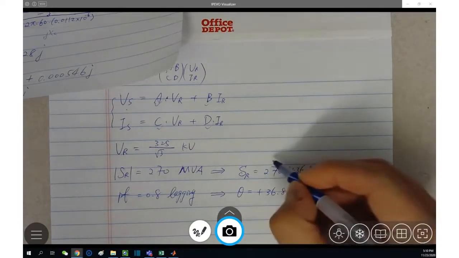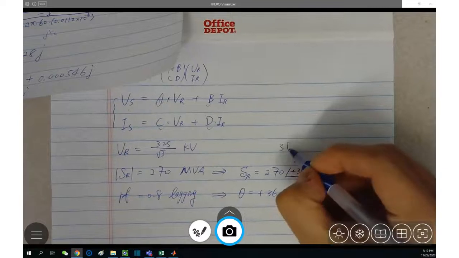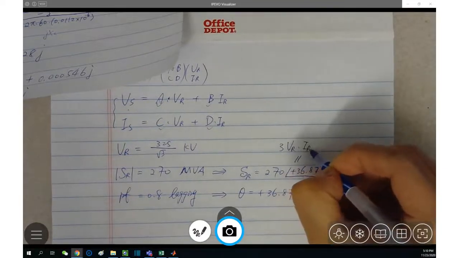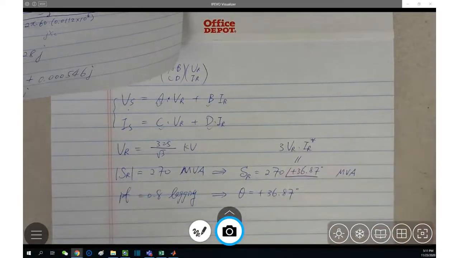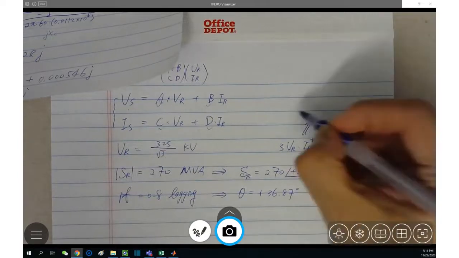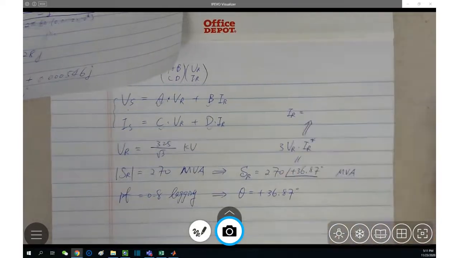And this equals 3 times VR times IR conjugate. And from here, you are going to be able to find IR.